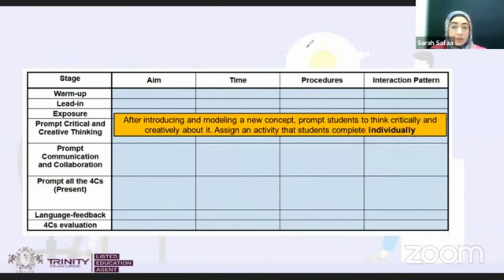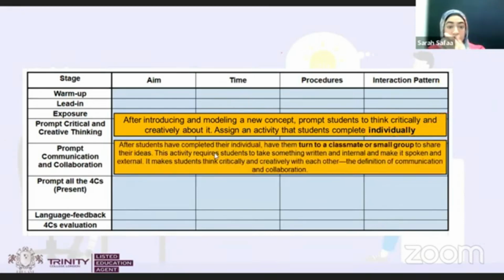Then after students have completed their individual tasks, I have them turn to a classmate or small groups to share their ideas. This activity requires students to take something written and internal and make it spoken and external.